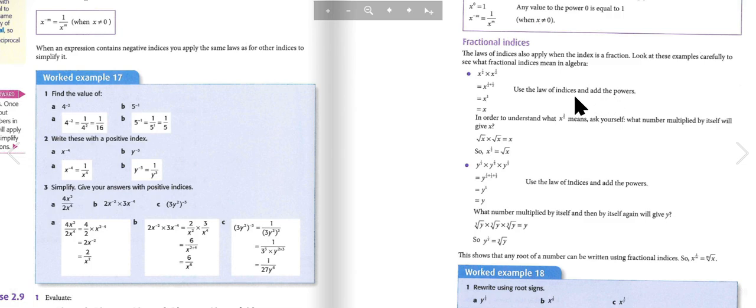In order to understand what x to the power of a half means, ask yourself, what number multiplied by itself will give x? The square root of x times the square root of x equals x. So, x to the power of a half equals the square root of x.